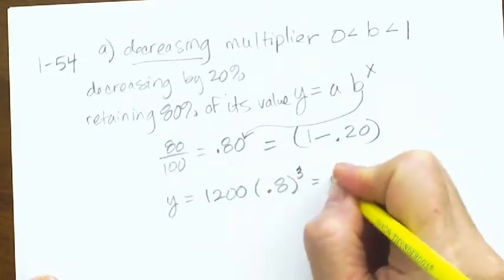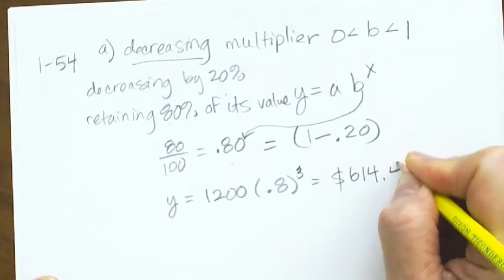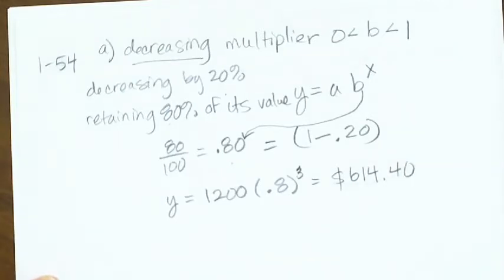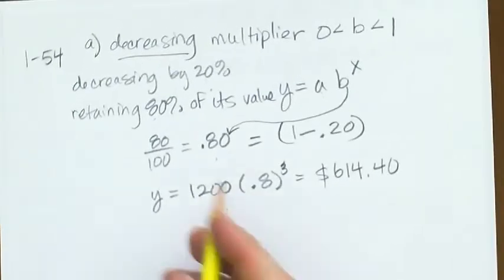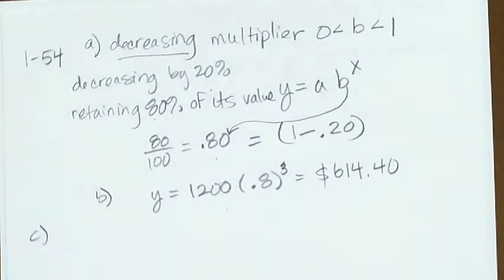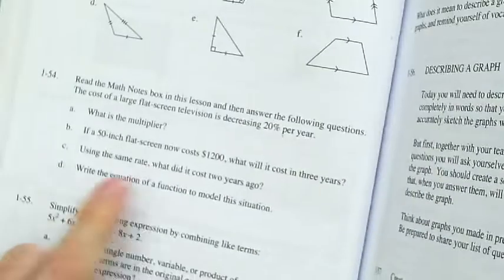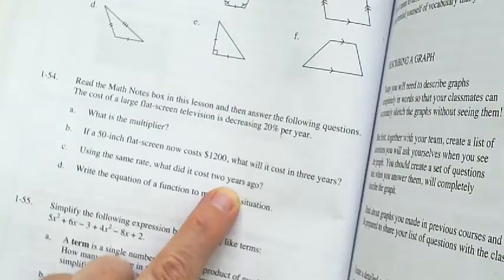$614 and 40 cents. Okay, so that's part B. Part C, using the same rate, what did it cost 2 years ago?